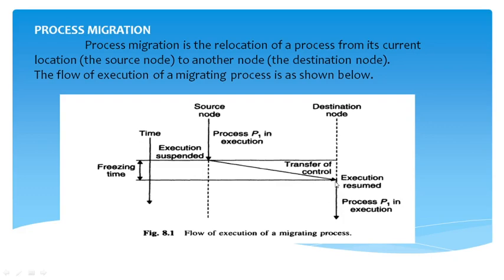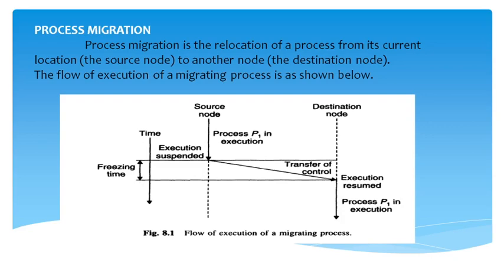Say, for example, it was suspended at the 20th line, then the execution will resume from the 20th line of P1, and further execution will be done in the destination node. Whatever time there is for the transfer of control is the freezing time, meaning we are freezing the process in that particular time.